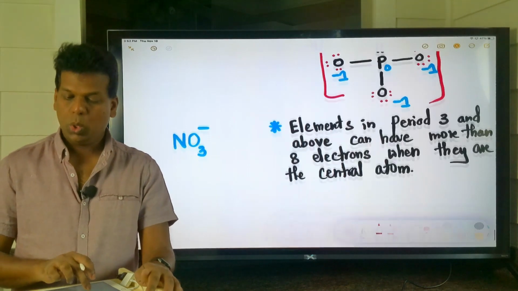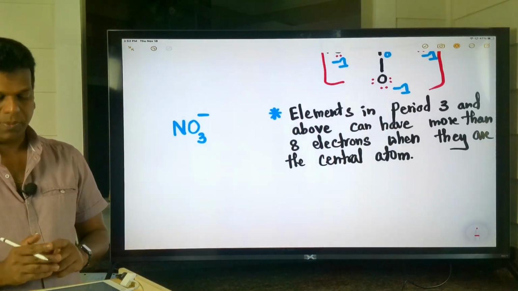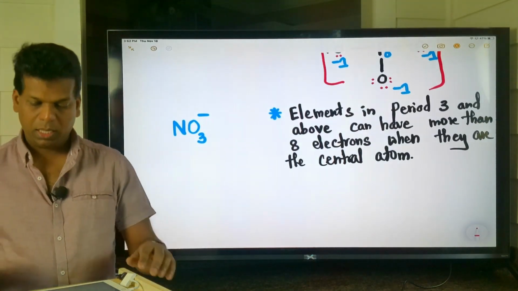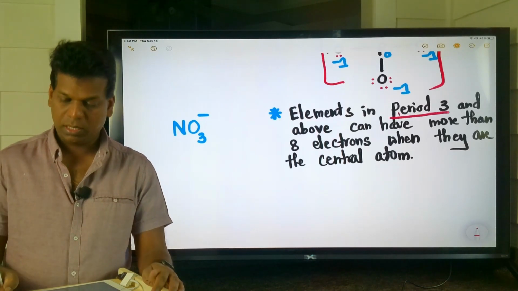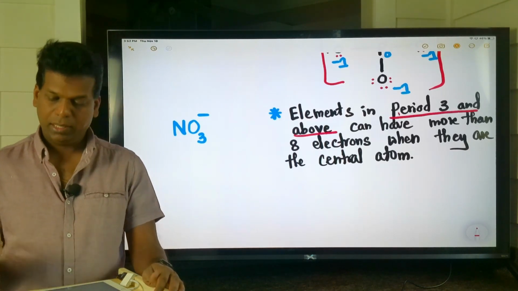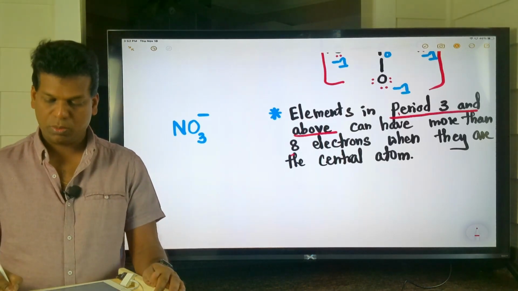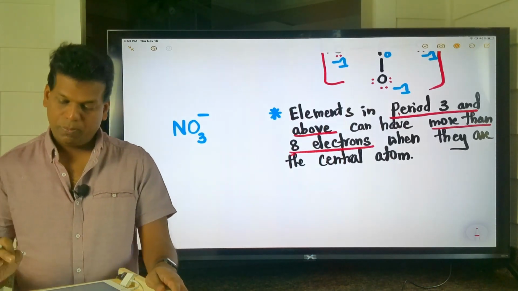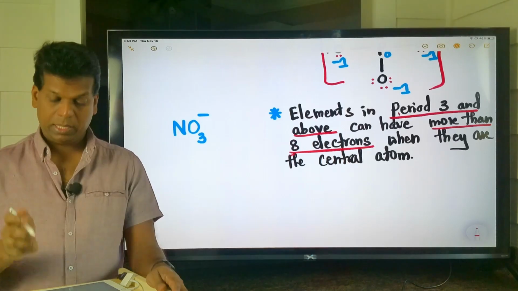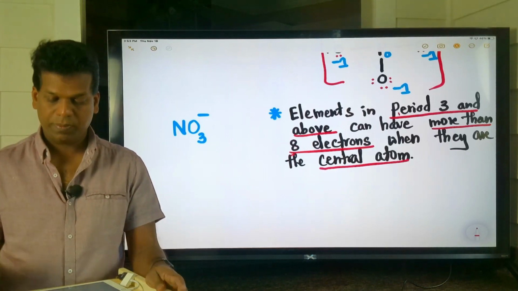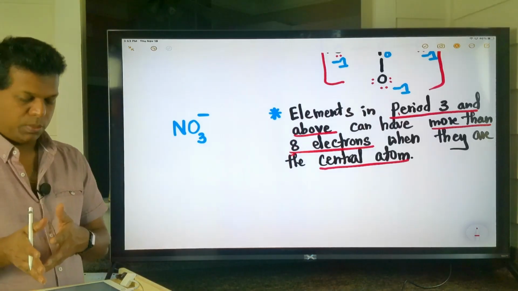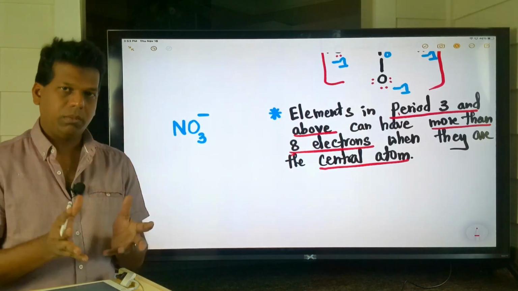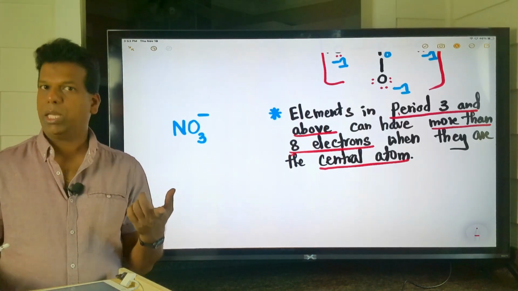Okay, so what are the important words in here? Elements in period 3 and above. That is important. They can have more than 8 electrons, more than the octet, when they are the central atom. That is a key word. So what this means is, if they are the terminal atoms, they cannot have more than 8 electrons.